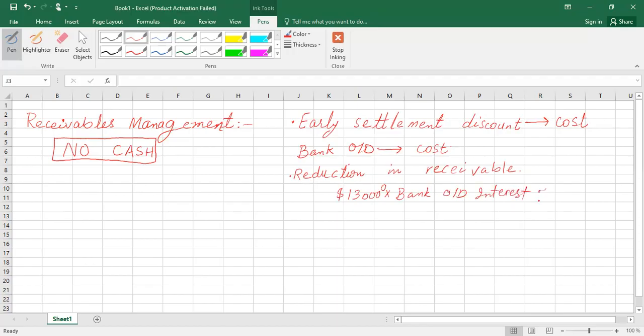But to save this cost, company would have to bear the cost of discount.